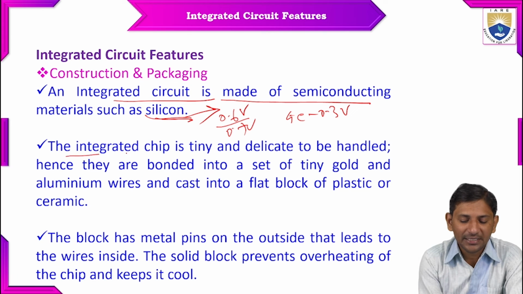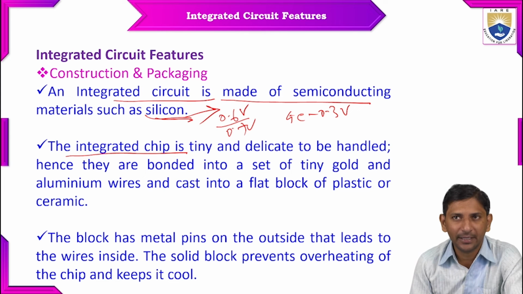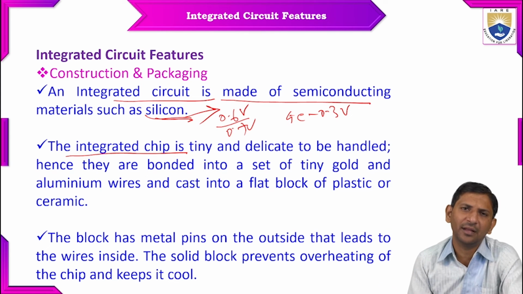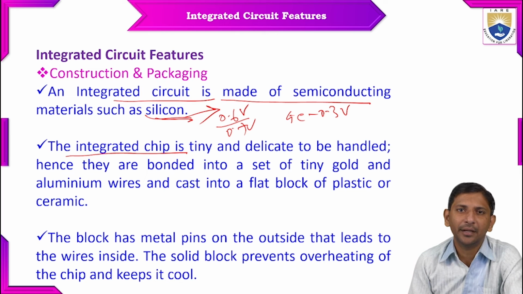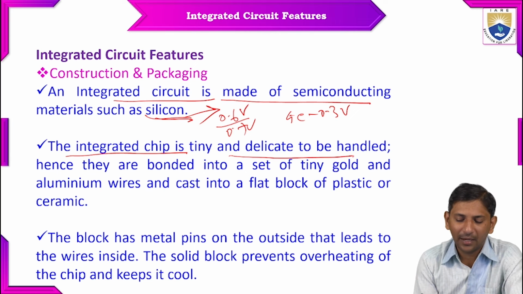Okay, and the integrated chip is tiny, very thin or delicate, small and very less weight. We have seen regularly that the large size of those devices is totally reduced into a small delicate size, very less weight. Handset size is also less, everything very small. So we have to handle it carefully.